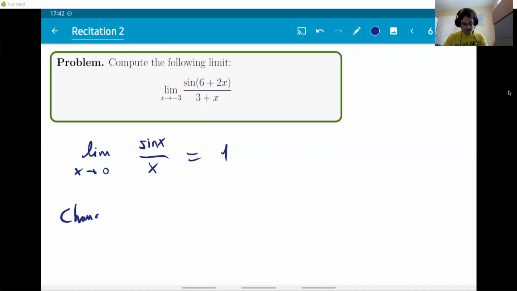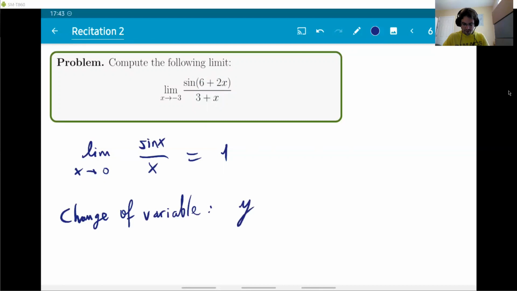And the way to do that is a change of variable in limits. We haven't explicitly talked about it in lecture. However, it is very simple. When you have a linear expression like this, a multiple of x plus or minus some number, you can always make that a new limit variable. You can call that whatever you want.